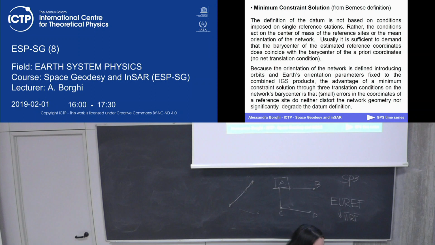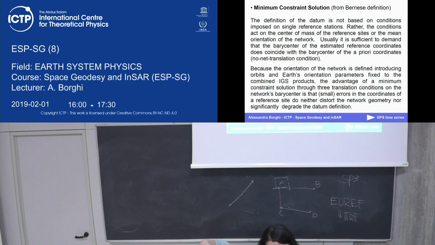It says that when you use, you fix the orbit. So you don't really have strain, orientation and scale of your network. It's just a little translation, because you just fit something related to the reference frame. It's a 3D spatial network between points on the Earth and satellites in space.